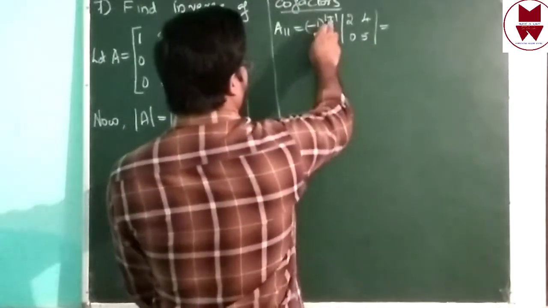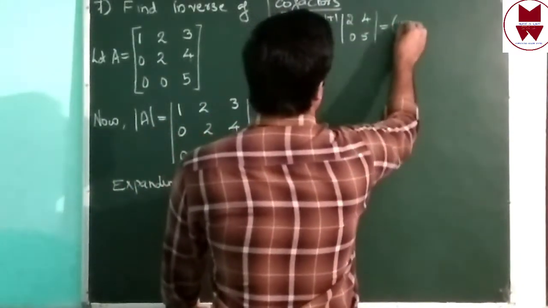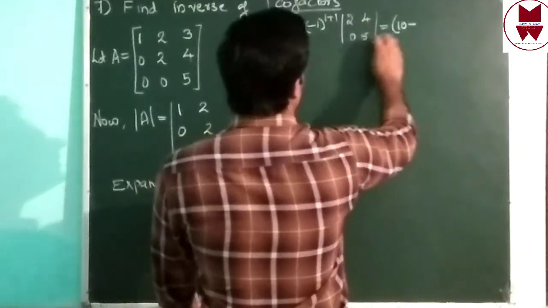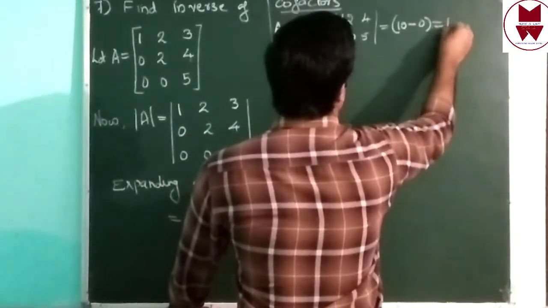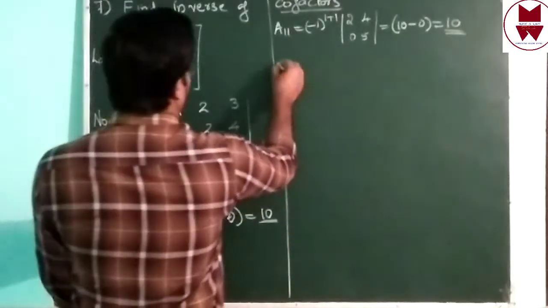Equal to minus 1 all square, that will be plus 1, then 2 into 5 is 10 minus 0 into 4 is 0, you will get 10. A11 is 10.